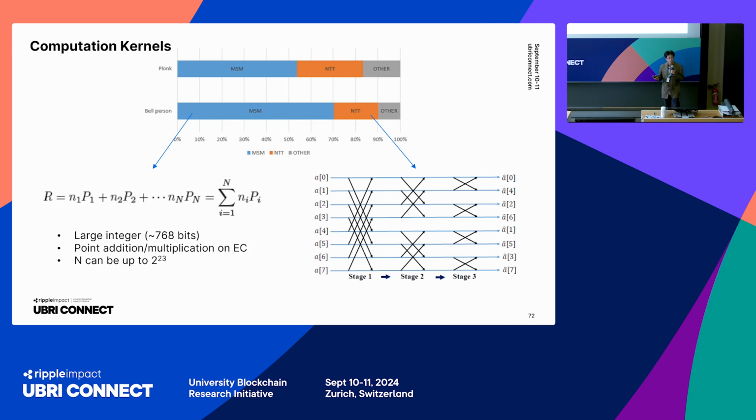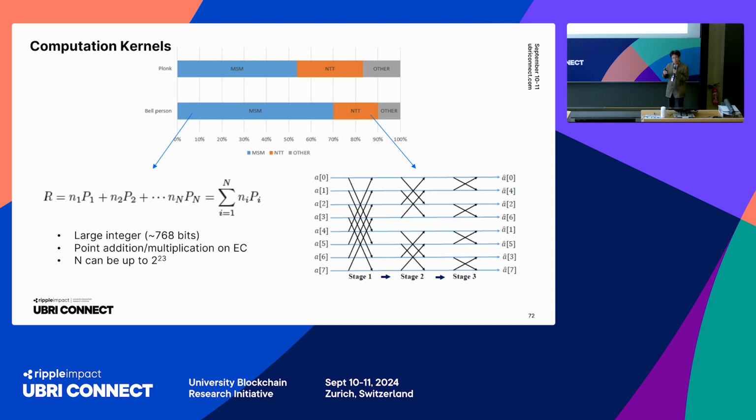So why does it take so long to perform the MSM? In this equation, what we want to do is multiply a point with a scalar and sum them up. But here, addition and multiplication are not what we know. They are point addition and point multiplication on an elliptic curve, so it's a very complex computation kernel. I will show you in a minute.